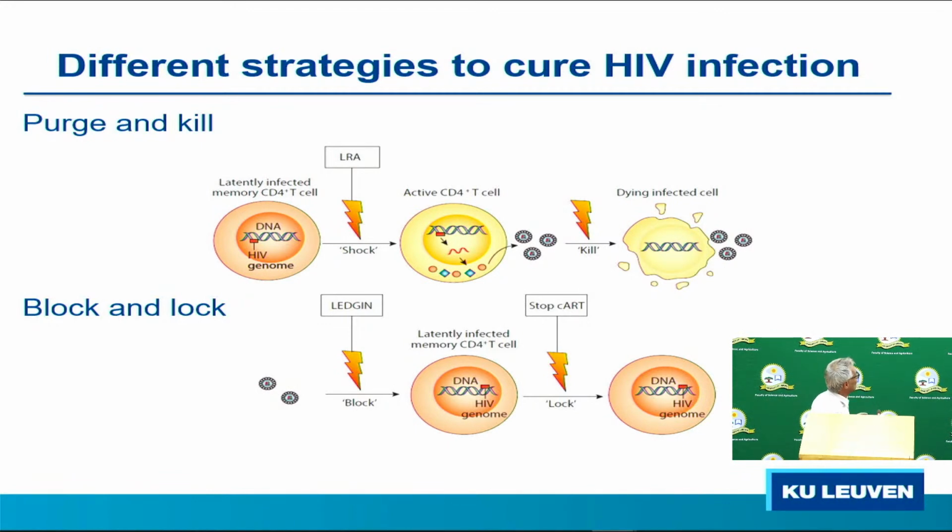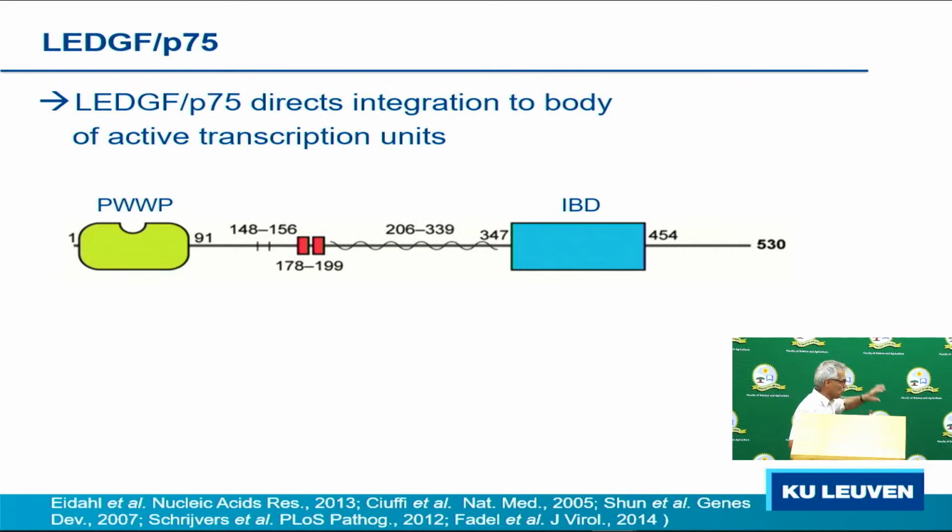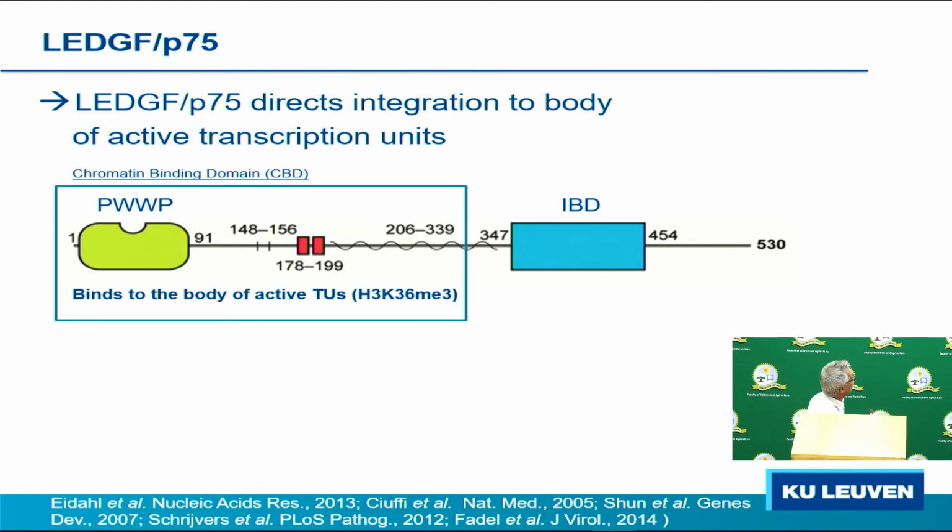Okay, so where does the hypothesis come from? Remember that I told you that this LEDGF has this IBD and this PWWP domain, and that the PWWP domain recognizes a specific mark. So now the mark is mentioned. It's H3K36, the 36th lysine, the K stands for lysine, present on the third histone.